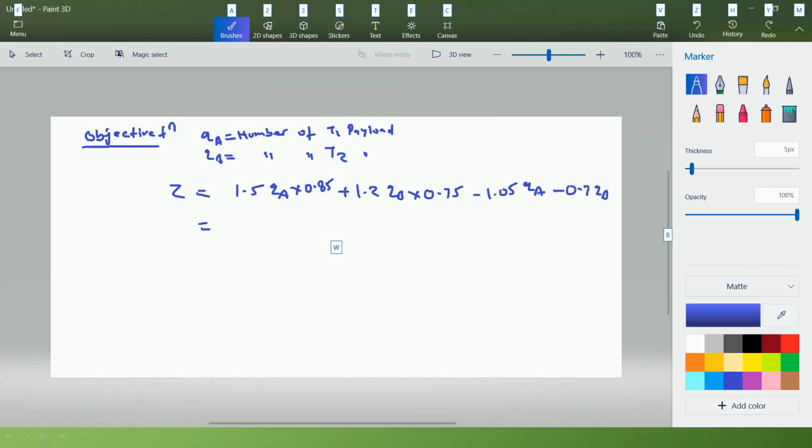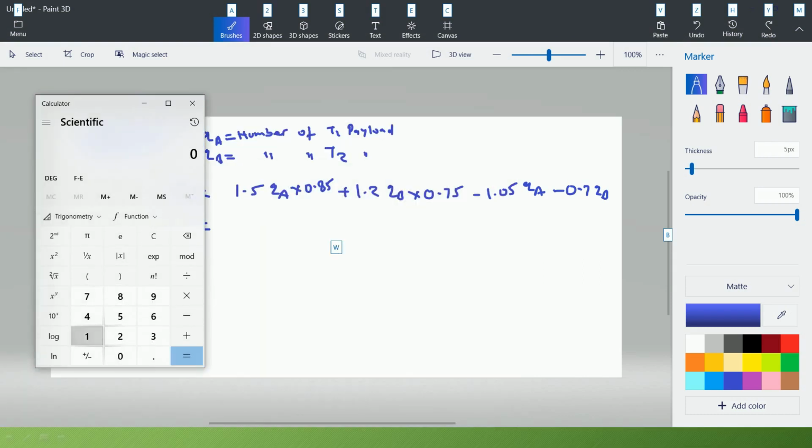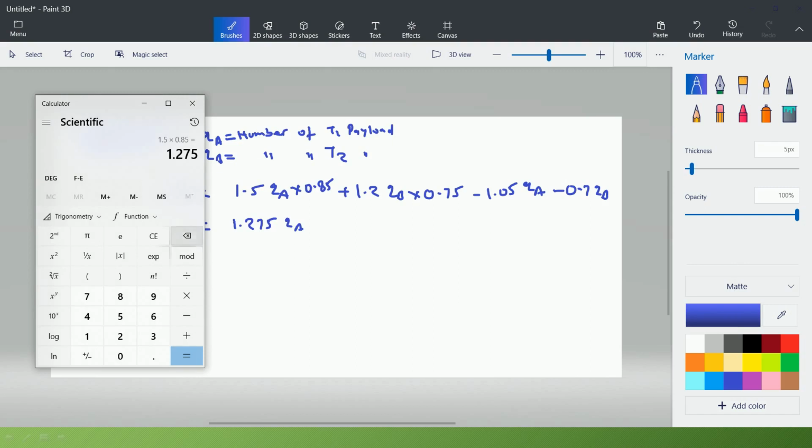So let me open the calculator and multiply 1.5 by 0.85. This is coming around 1.275. So here we can write 1.275 QA. Now 1.2 multiplied by 0.75 is 0.9.